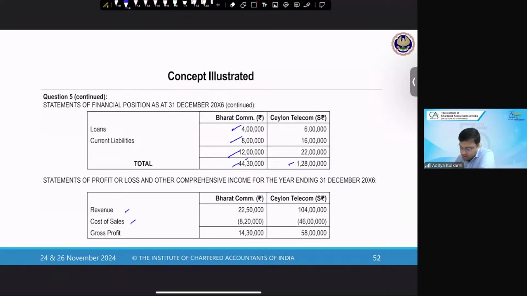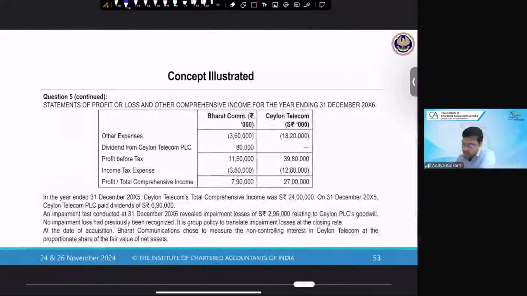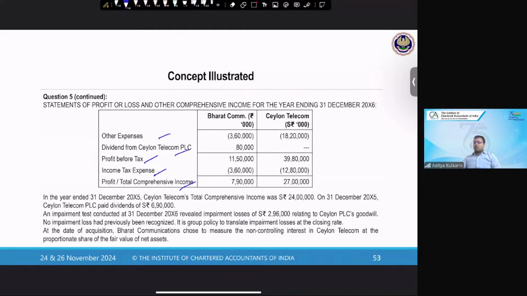P&L: you have revenue, cost of sales, gross profit, other expenses, dividend, profit before tax, income tax expense, and profit or total comprehensive income. In the year ended 31st December 20x5, Ceylon's total comprehensive income was 24 lakhs.